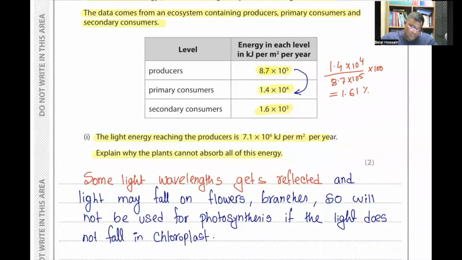Now for the primary consumer and secondary consumer, 1.6 × 10^3 divided by 1.4 × 10^4 times 100%. That gives us about 11.43%.